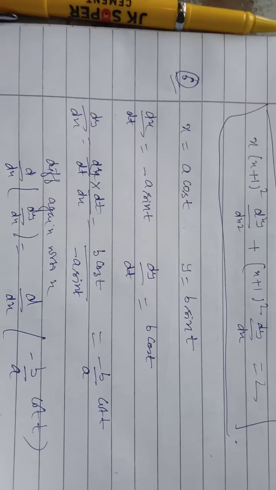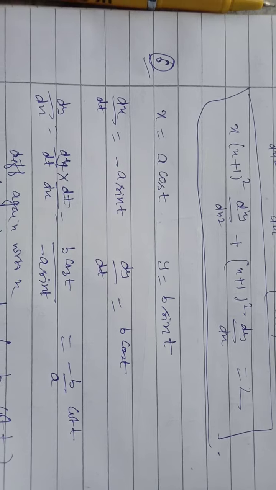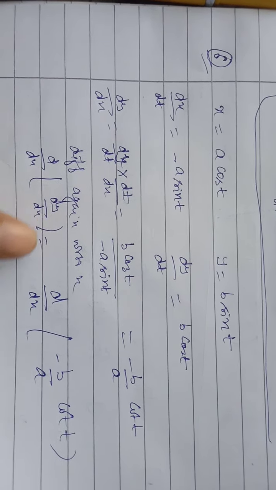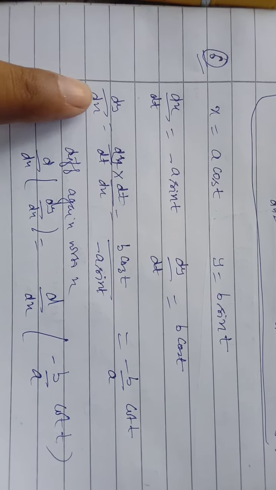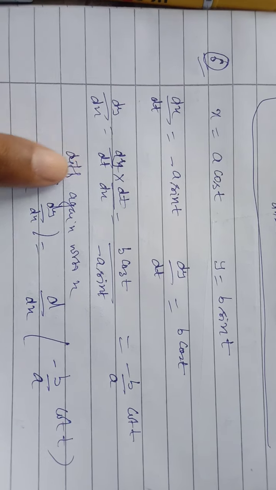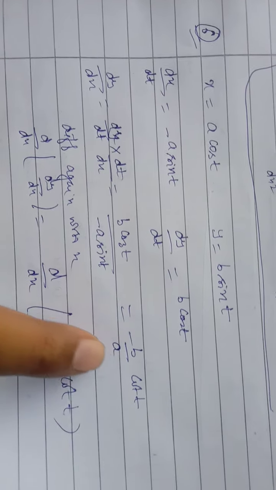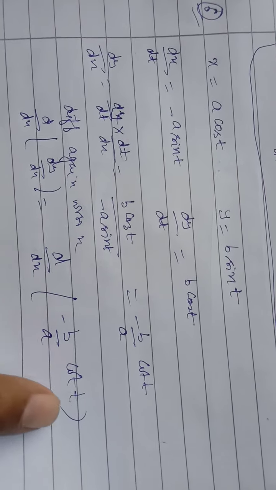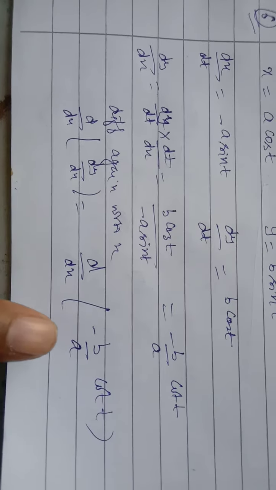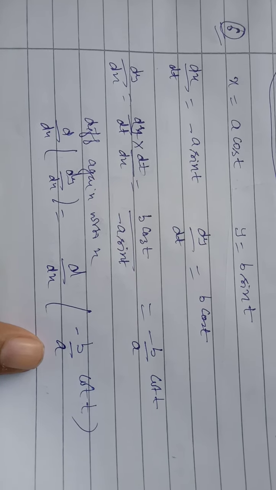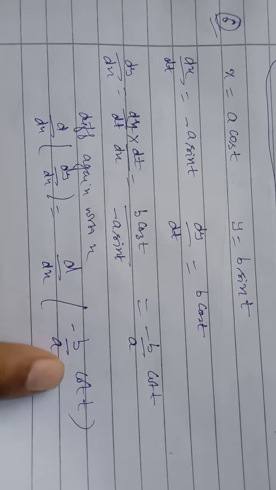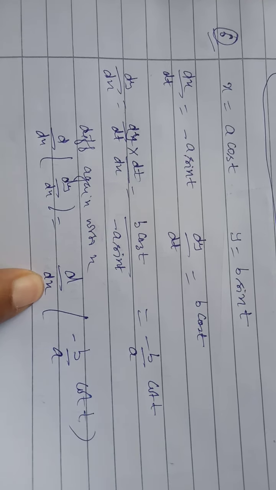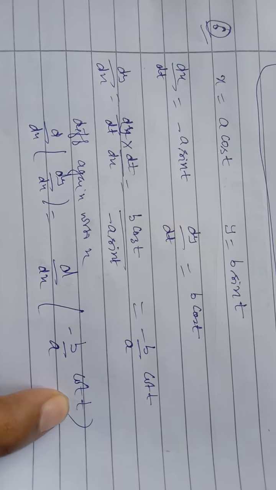Here the problem arises, we have to differentiate it 2 times, differentiating again with respect to x. So d by dx of dy by dx, here d by dx of minus b by a cot t. Here the problem arises, 90% of the students will make it wrong. Why? We have to differentiate with respect to x, but the function is in t.